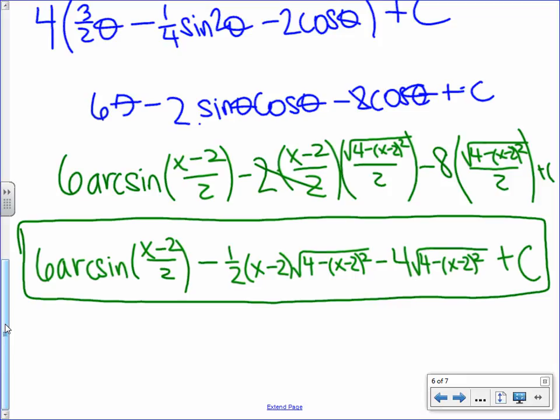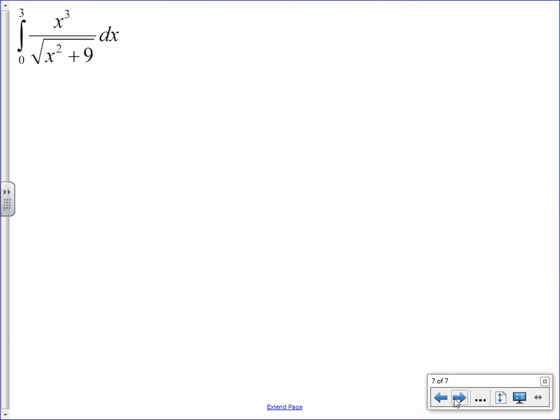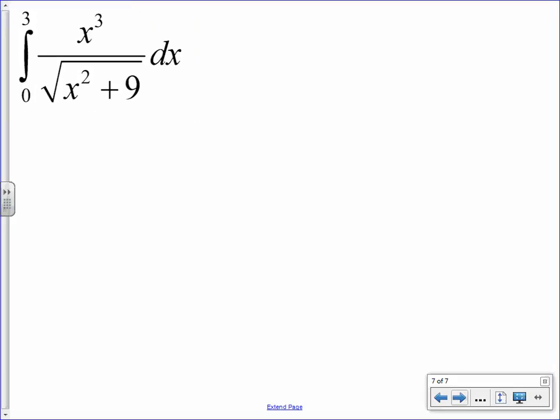Let's talk about the limits of integration. Okay, this is where it gets nice. Just like in u-substitution, if you remember back, we did the substitution, changed everything back into x, and plugged in our limits of integration.